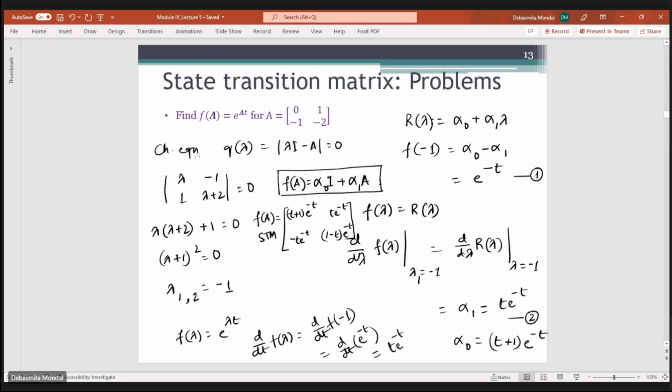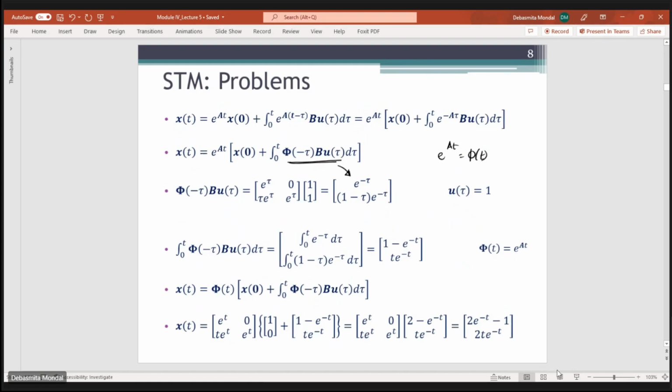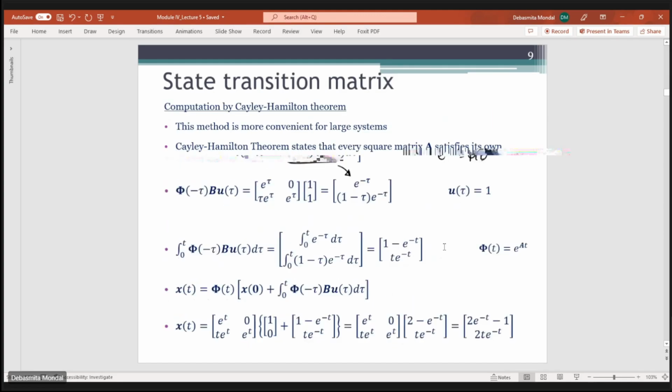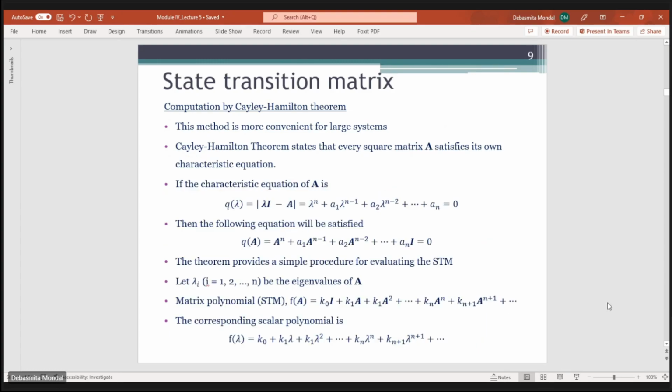For a smaller system, like a first order or second order system, you can simply use the Laplace transform method, where you find the state transition matrix by taking the inverse Laplace transform of the inverse of the matrix sI minus A. But in general, from the computation point of view, the Cayley-Hamilton method is slightly easier compared to the Laplace transform method when you're dealing with a higher or larger order system.